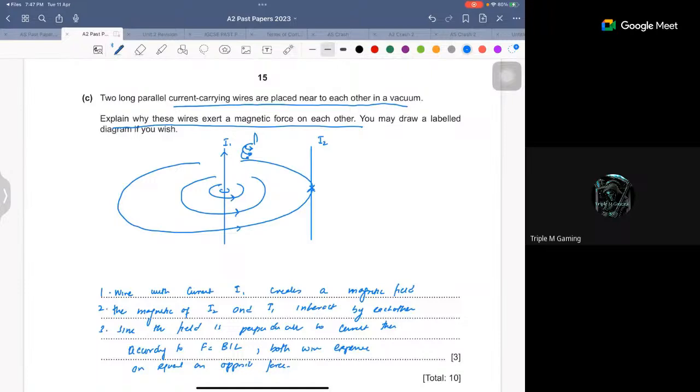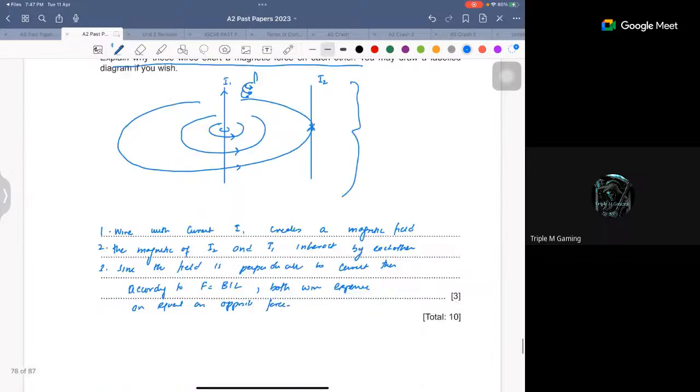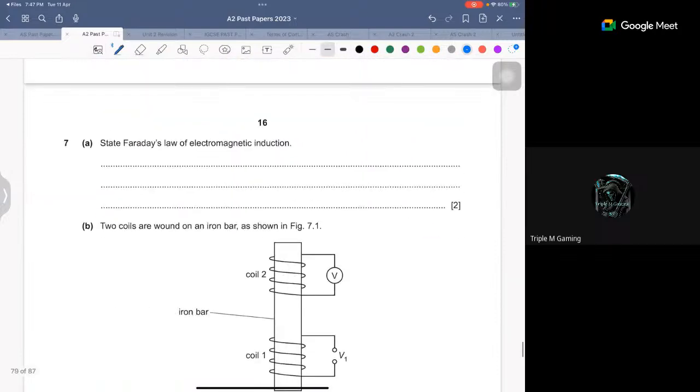Is it clear, everyone? That's all. So these diagrams are already made in the notes. When you go to the magnetic field chapter, you'll find these. You can review them if you have done this wrong right now. Okay. Going to the next.